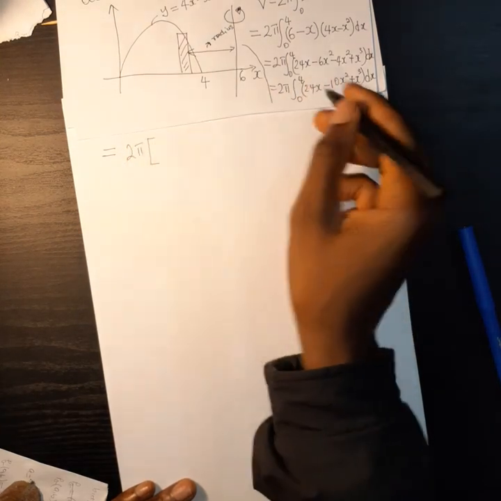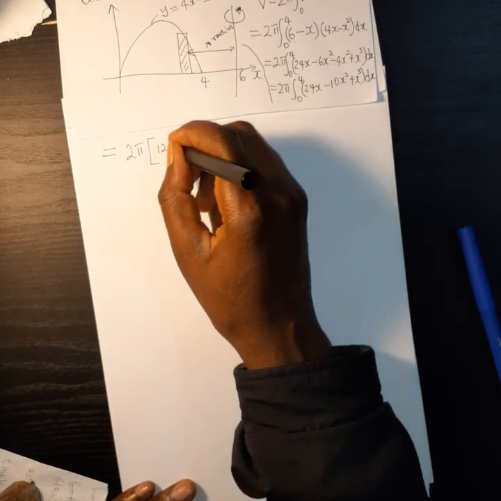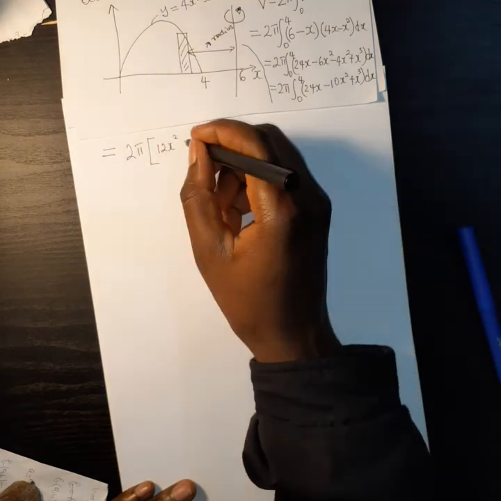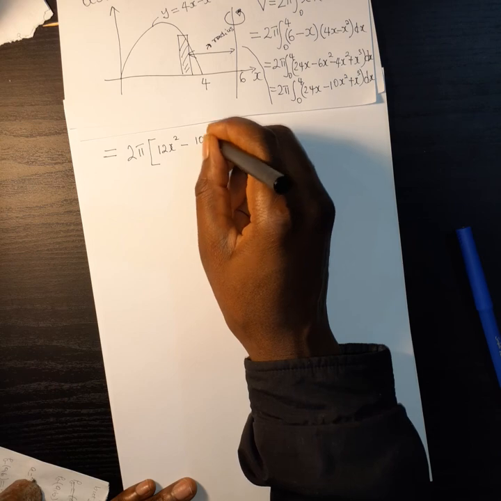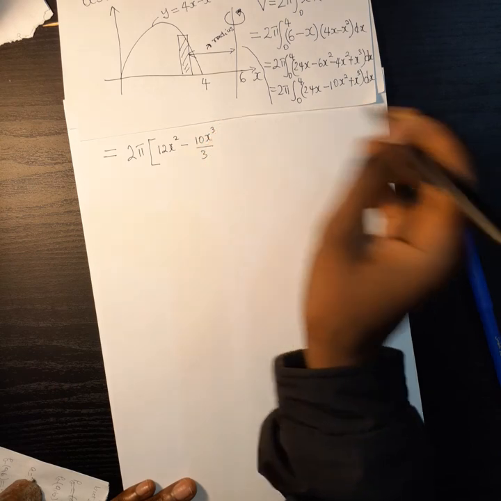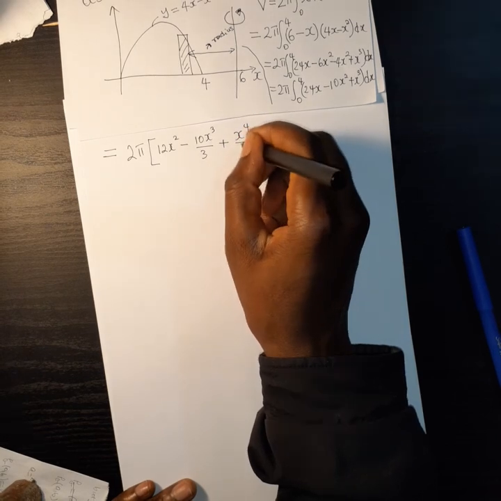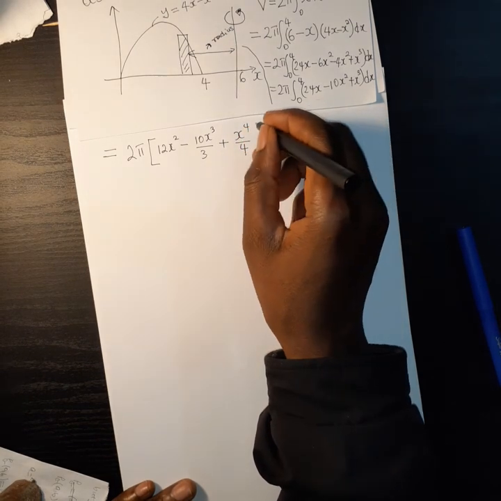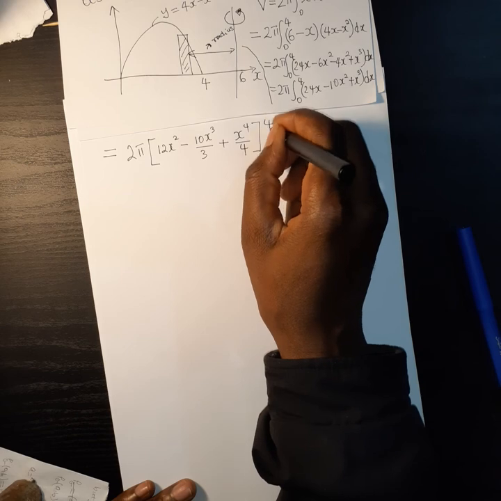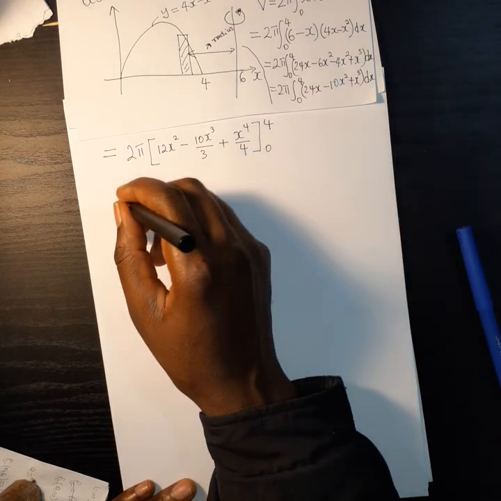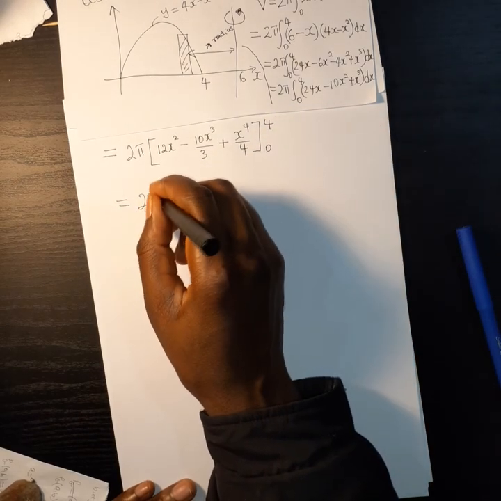Then the first one will be 12x squared. The second one will be 10x cubed over 3. The third one will be x to the power of 4 over 4. We're integrating from 0 to 4. And then when we substitute, we'll get 2 pi.